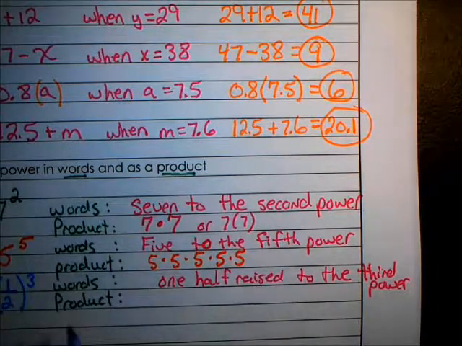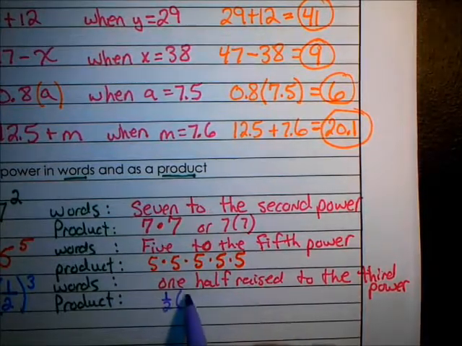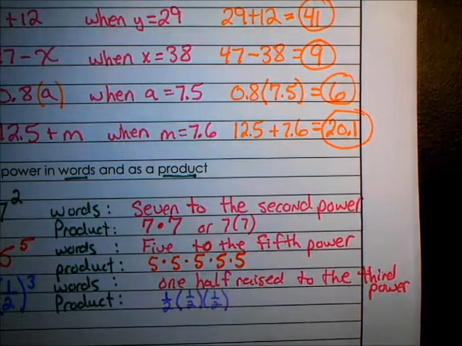And if I'm showing it as a product, I have the 1/2, and I'd multiply it times 1/2, and then one more set of 1/2s.